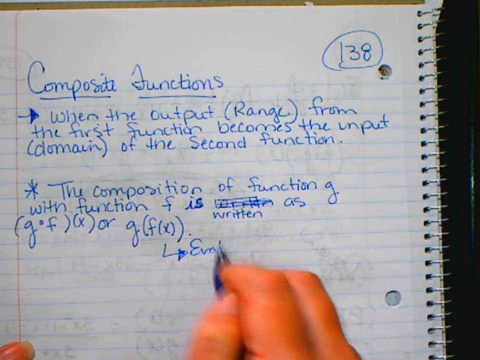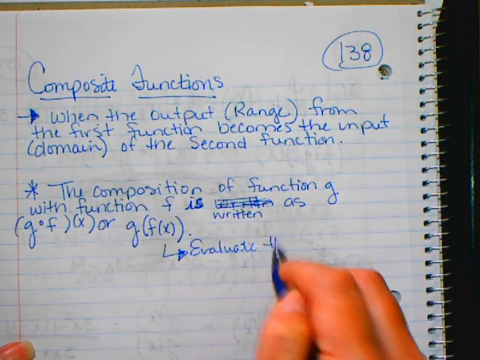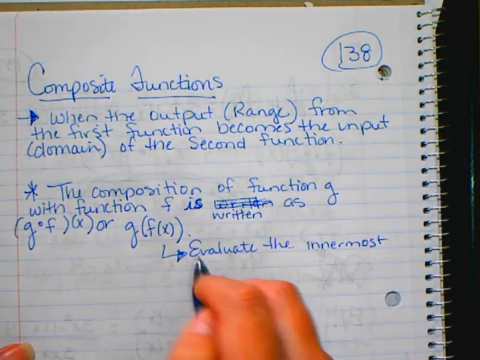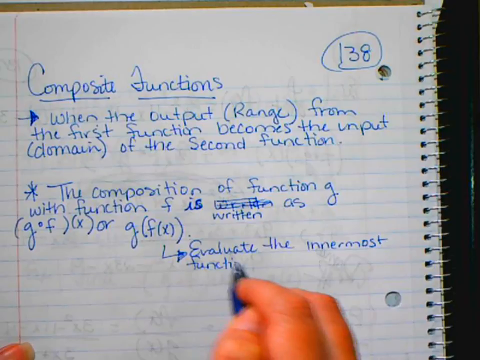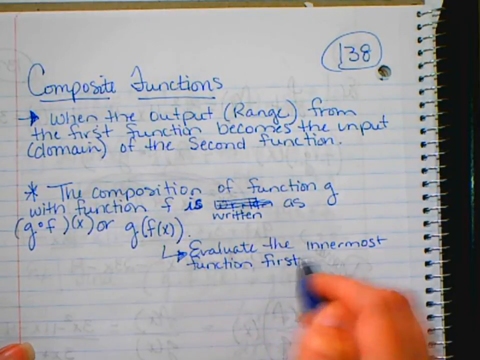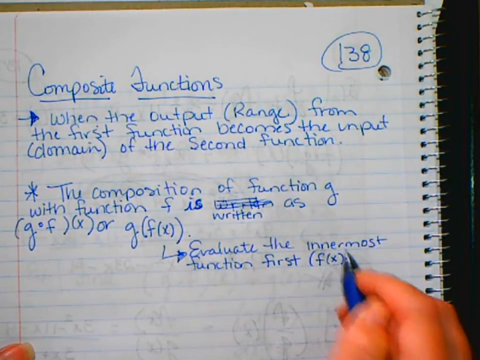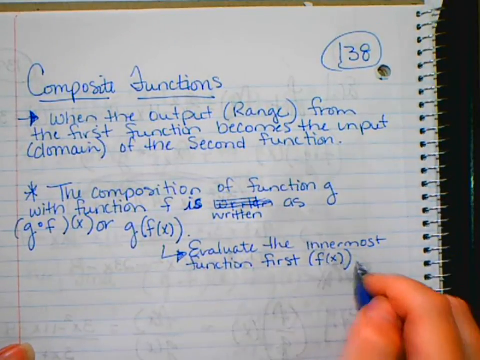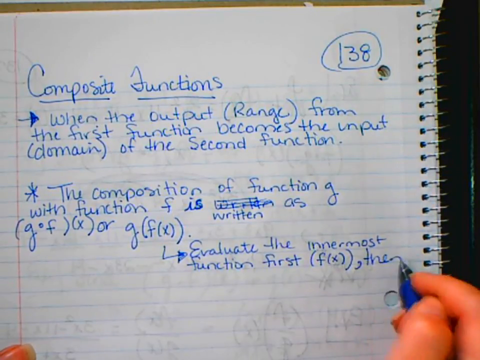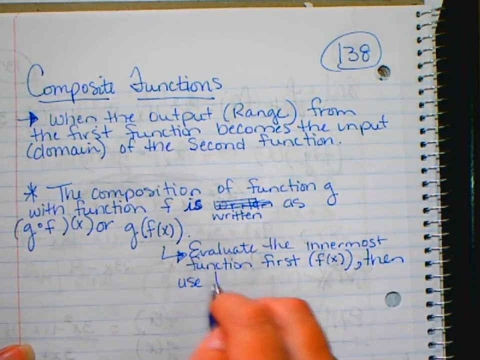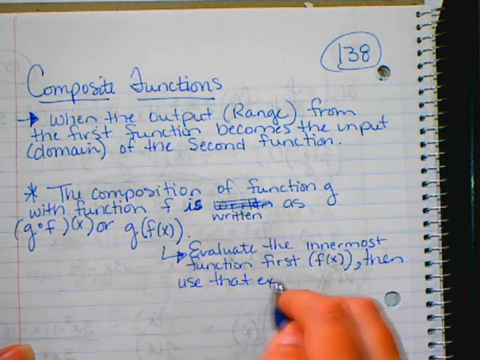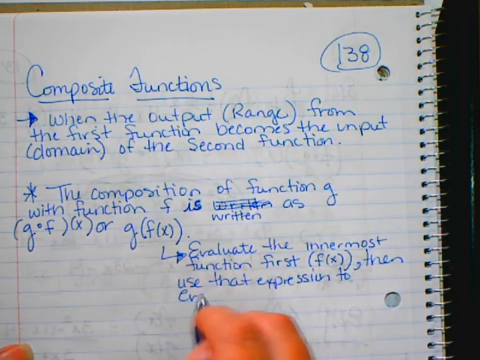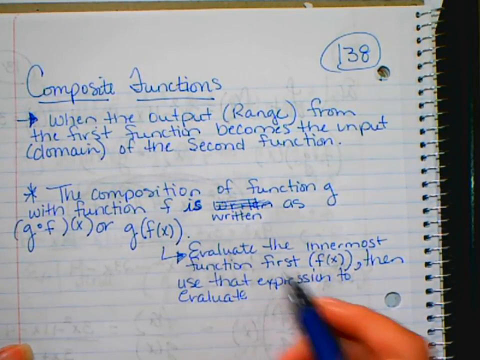So we're going to evaluate the innermost function first. In this example, it's f of x, but it doesn't have to be f of x. It's whatever the inside function is. Then use that expression to evaluate the outside function.